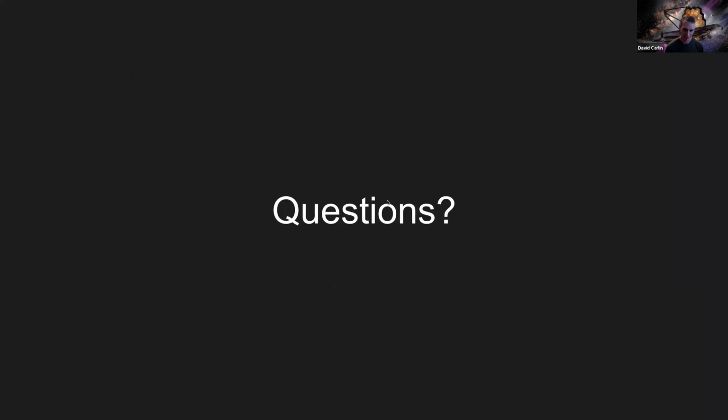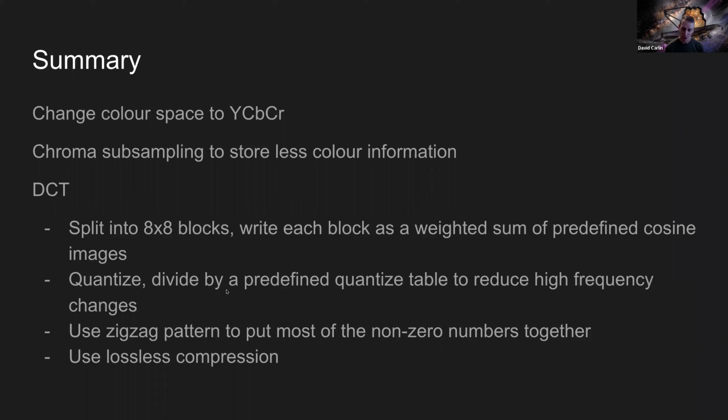You do the quantizing, so you divide by the predefined quantization table to reduce high frequency changes. Then you use the zigzag pattern to put most of the non-zero numbers together. And then you use a lossless compression to compress that all together. JPEG. And that's one of the easy image compression formats.